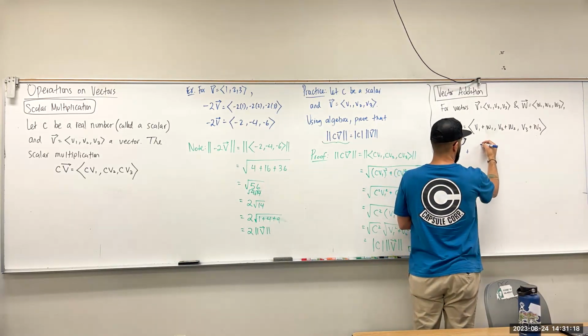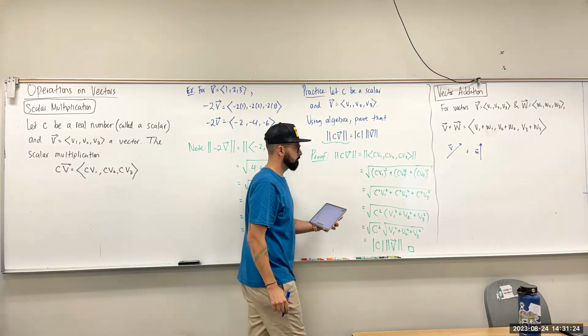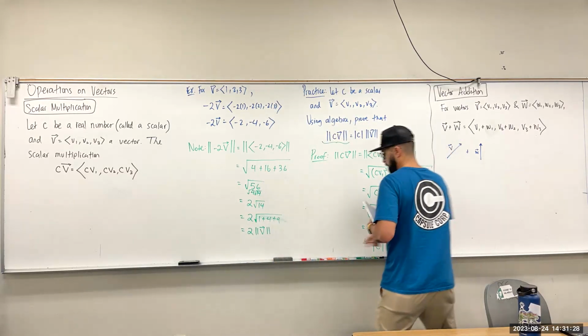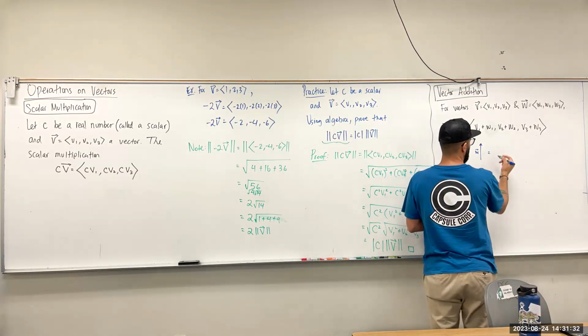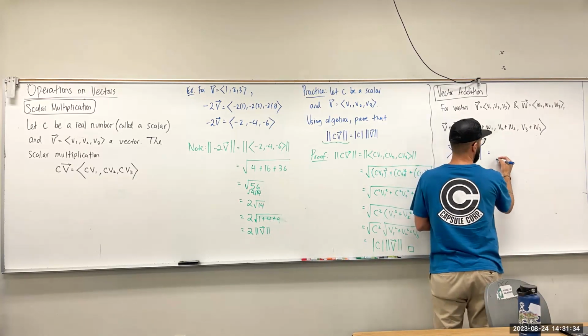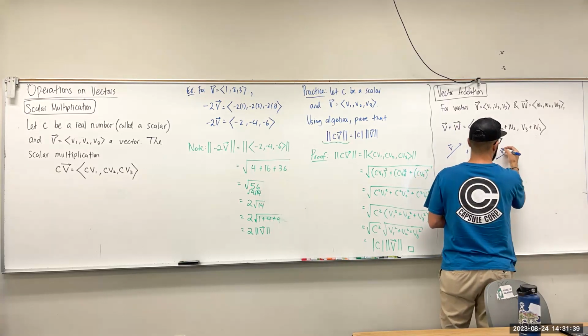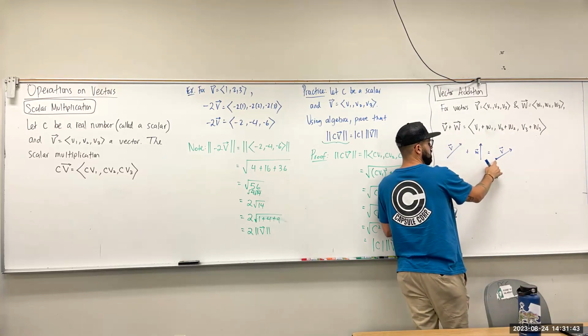And let's say I'm going to add it with W, that goes straight up, like that. So then when I add these guys, I'm going to start with my initial point where V starts.